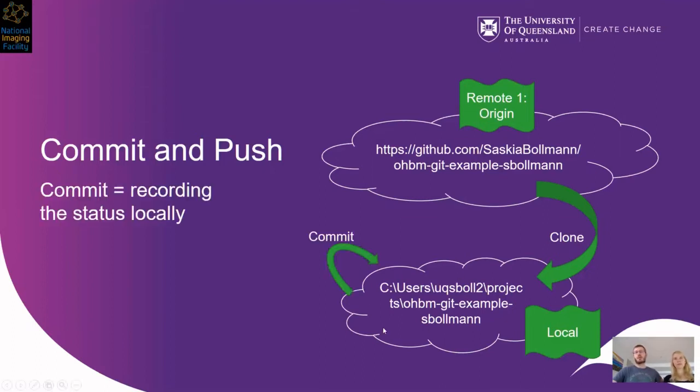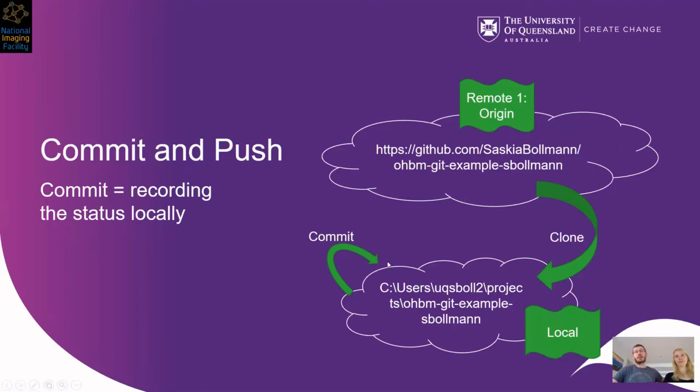So a commit is tracking or creating these snapshots locally on your computer. No one else sees your commits, which is great, because this means you can also code in an airplane or in a submarine or wherever you are. You actually don't need internet connectivity to code and to track your changes.